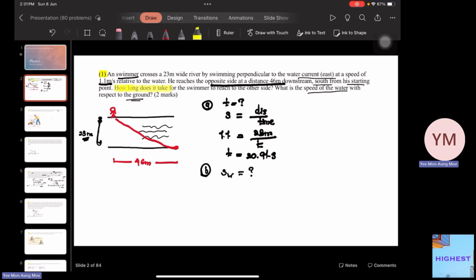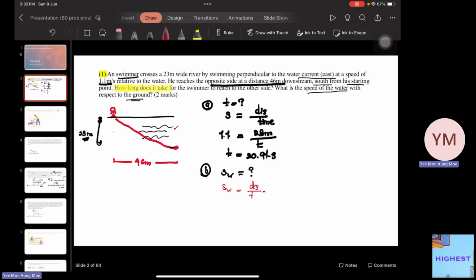As I mentioned before, if the water is not flowing and is stable, this person can pass through linearly like this. Now the water is flowing, so they are asking for the speed of the water flow. The equation is simple: speed equals distance over time.